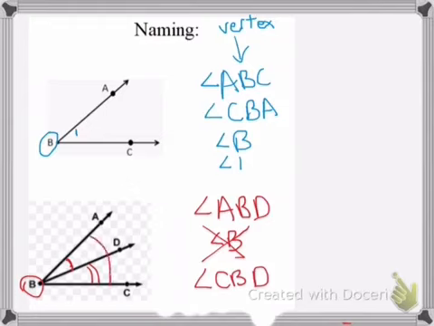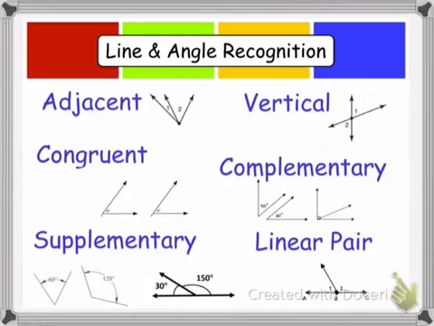Okay, then let's look at this big one. We could call that angle ABC. Notice all of them have B in the middle because B is the vertex for all three of those angles. Few more vocabulary words to throw at you. We have adjacent angles.